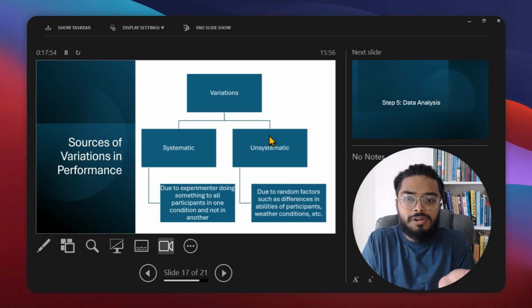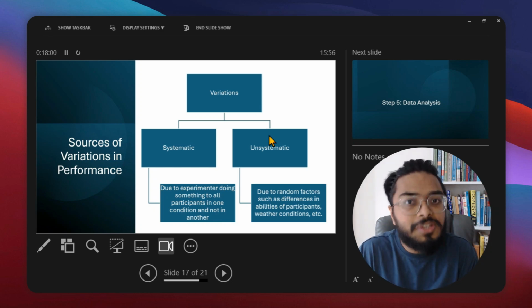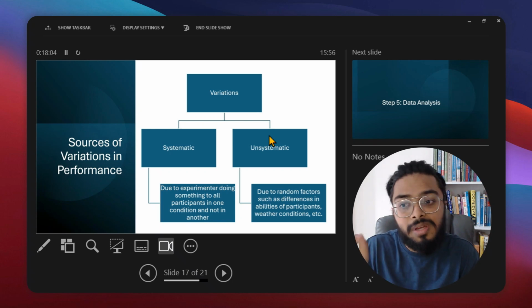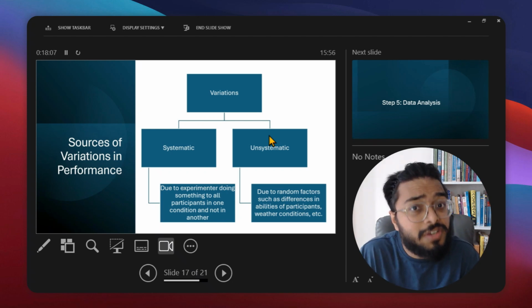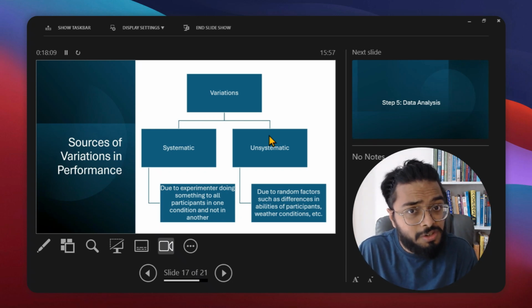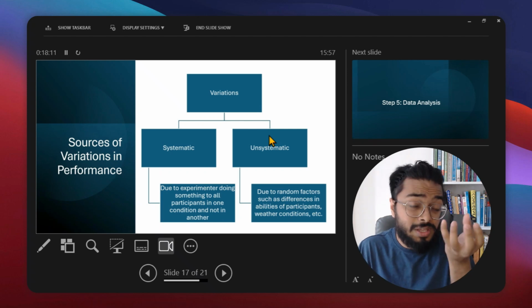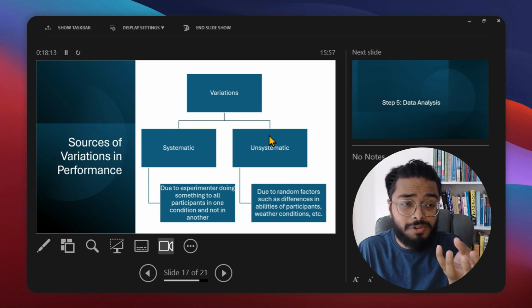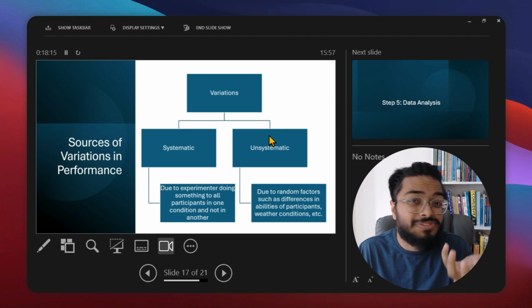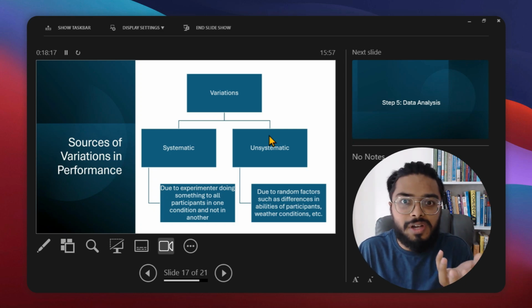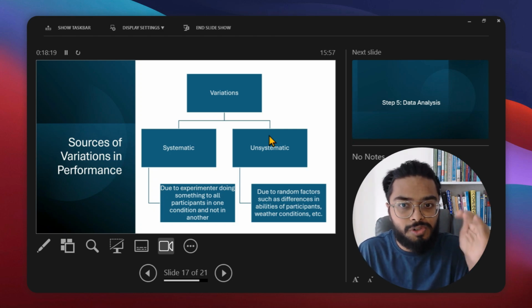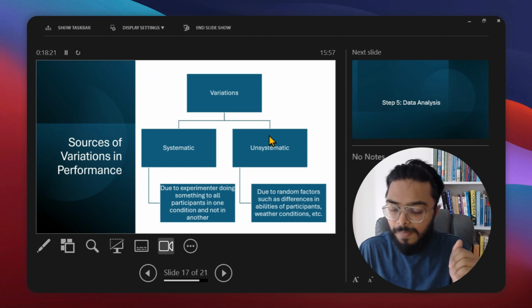So if we have CBT versus placebo, then in the CBT group the experimenter is offering CBT, and we see the reduction in symptoms because of that CBT intervention. And in the placebo group, there was no CBT or active intervention, which is why they are probably not showing that decrease in symptoms.